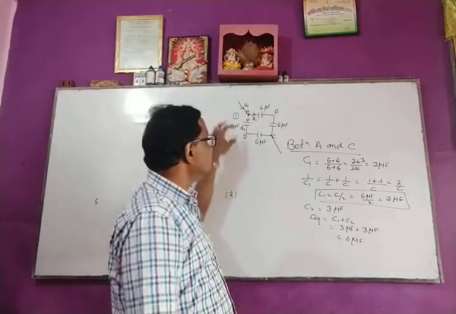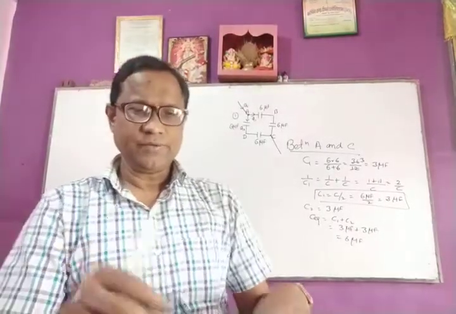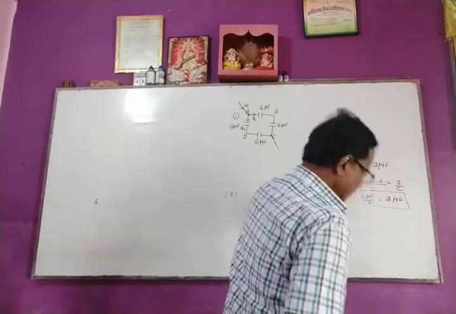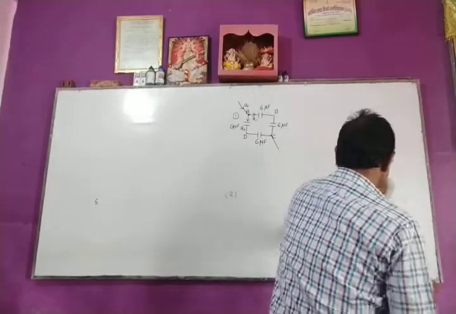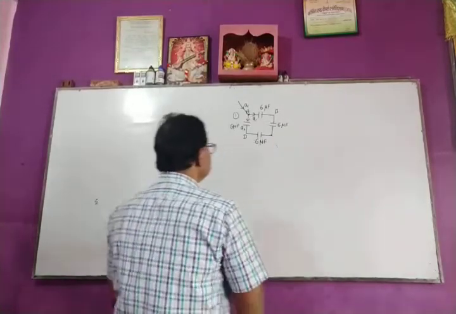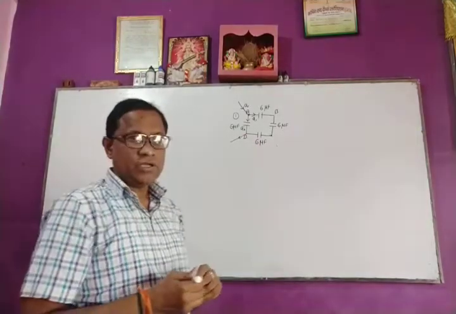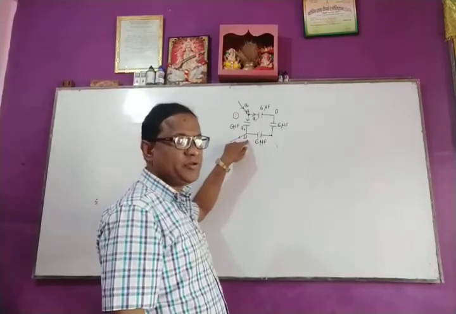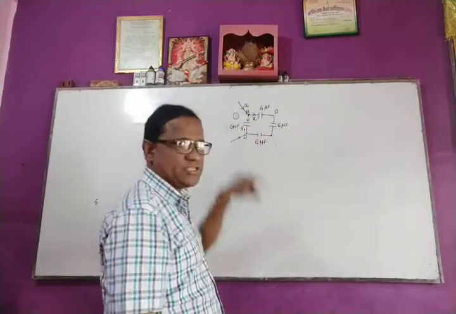Between points A and D, just charge enters A and leaves D. Between A and D, Q1 is flowing across these three capacitors.